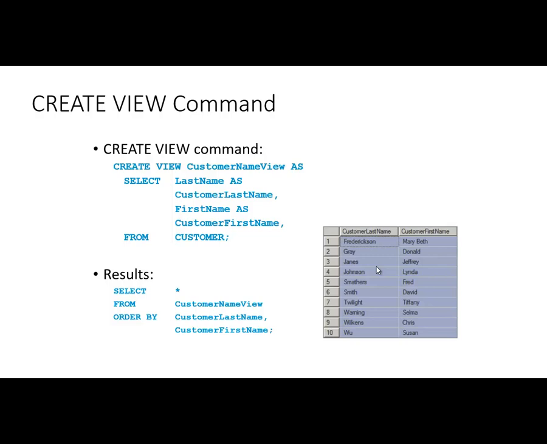If required, we can order by last name ascending or descending at that point. So not within the view itself, the code of the view, but within the select statement that we are going to use to display the newly created view. That's when we use the order by.